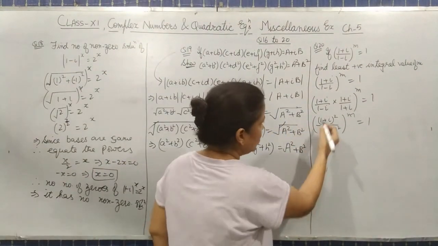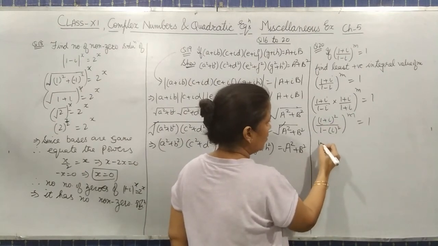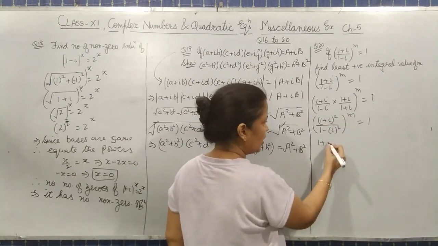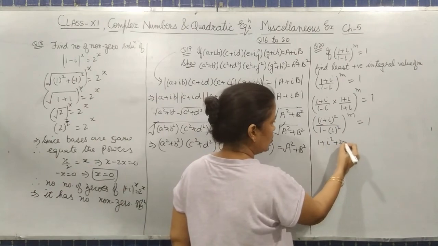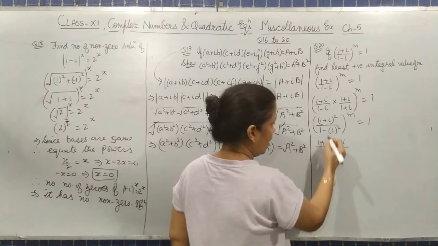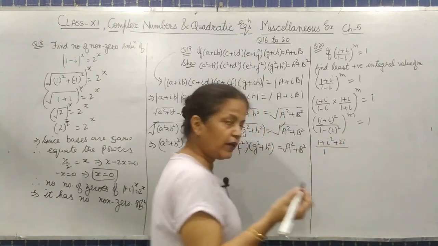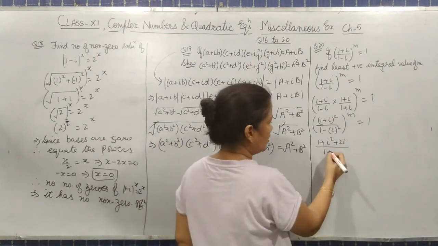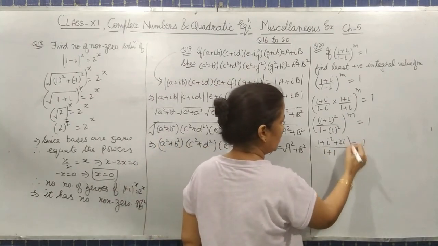So what you will get it? A square plus b square iota square plus 2 iota upon I square. I square is minus 1. So minus 1 become plus.